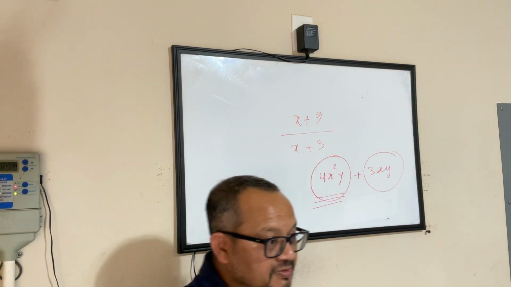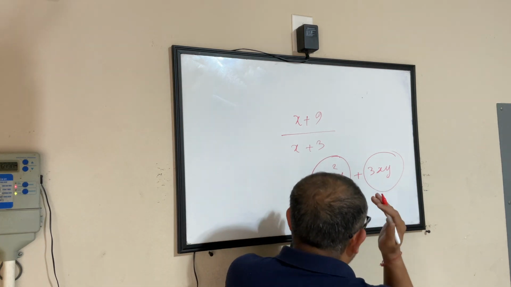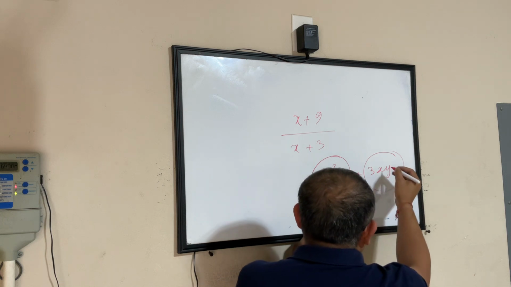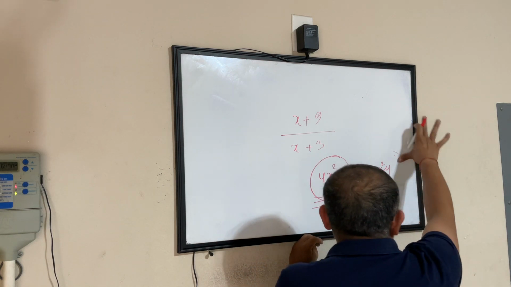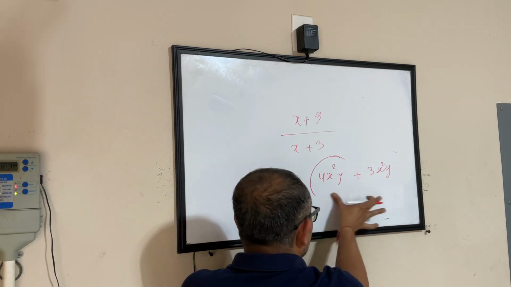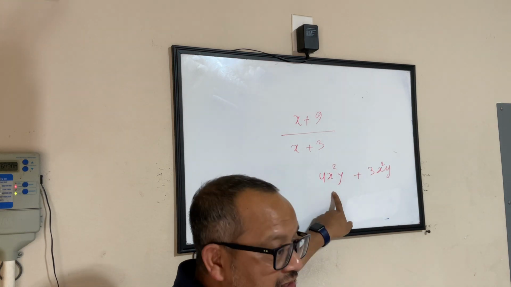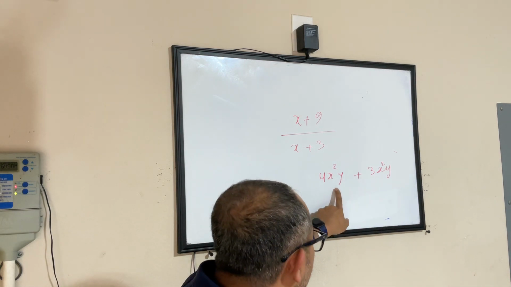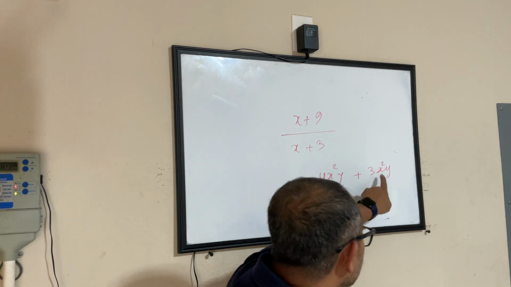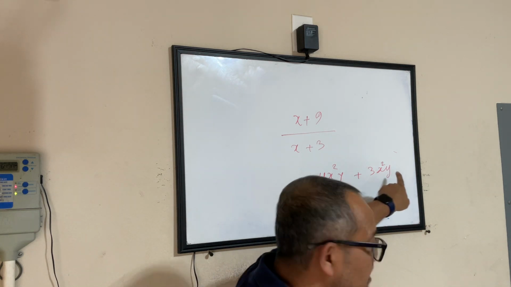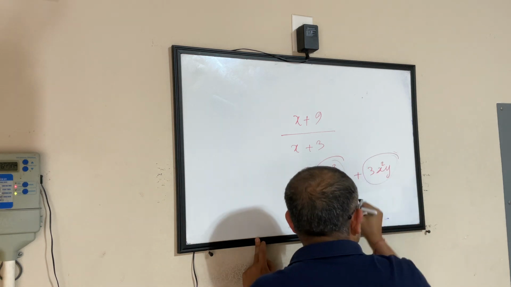There is no relationship between these guys. They will be the same, or worthy of being added or subtracted together, only if you have a matching power for all the variables. This is the only possibility when you can think of dealing with them together. Here the power of x is 2, here also you have a matching power, and y also has a matching power. That's how you say, okay, this is apple, this is also apple, so 4 plus 3, 7 apples.